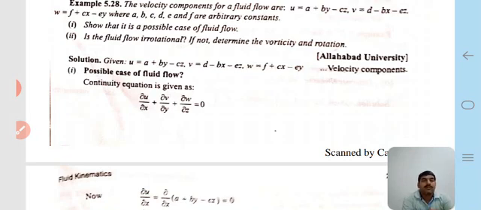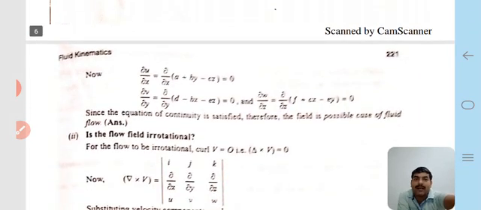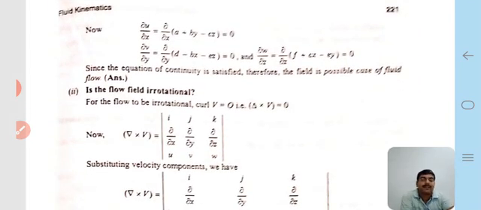Now taking the partial derivatives of the given velocity components with respect to x, y and z.